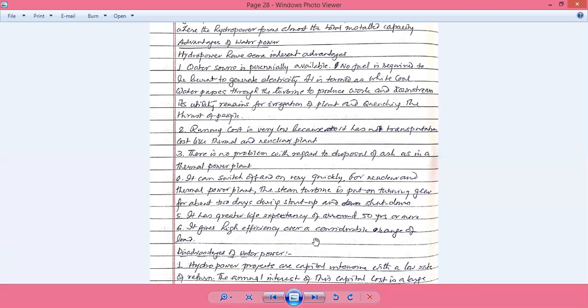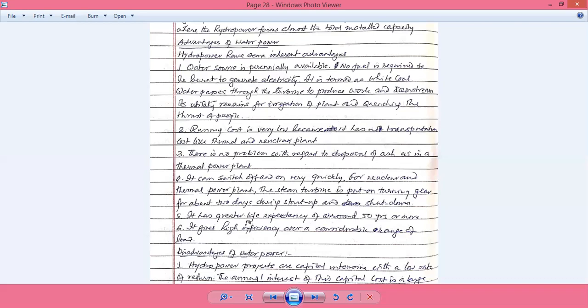It is naturally available, there is no running cost, and no problem of disposal of ashes or radioactive waste. It can be started and stopped very quickly, unlike a thermal or nuclear power plant, which takes at least 2 to 3 days during startup and shutdown.